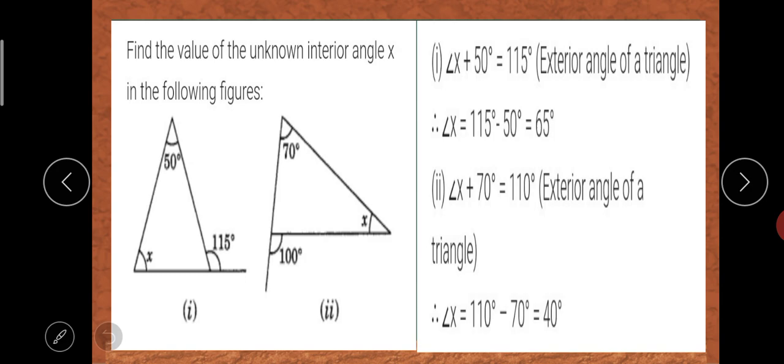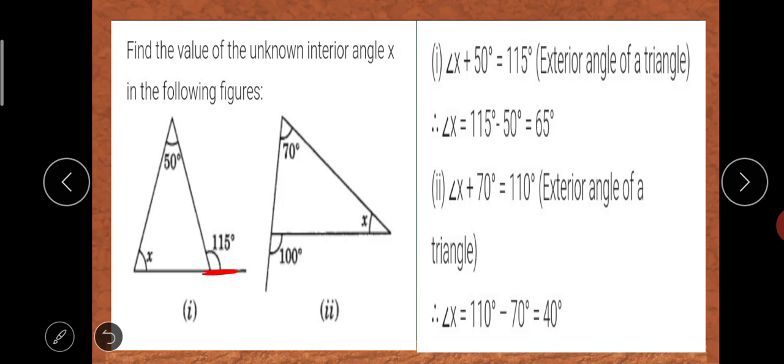Here in the next question, find the value of the unknown interior angle X in the following figure. Here we have to find X. One angle is given, that is 50, and the exterior angle of the triangle is also given. 115 is the given exterior angle and only 50 is given for the interior.